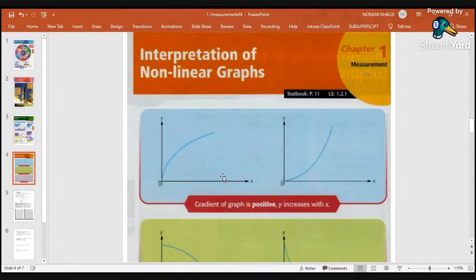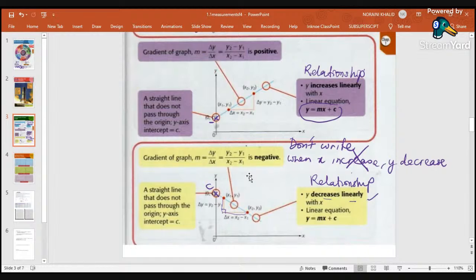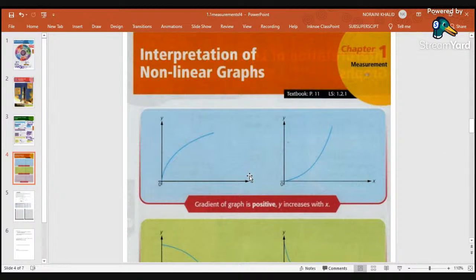Okay, next. Sometimes when you carry out an experiment, for example an experiment involving inertia using the hacksaw blade, or the experiment of the simple pendulum, when you plot a graph, sometimes you get a curved graph. So you also must be able to plot a curved graph and state the relationship for the curved graph.